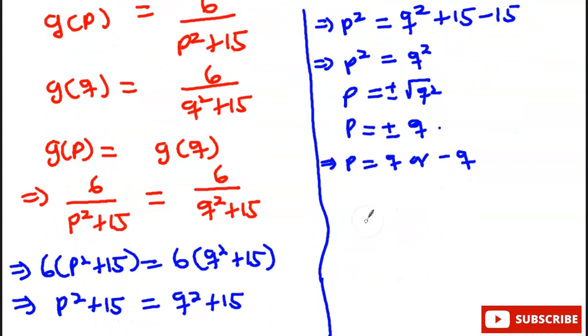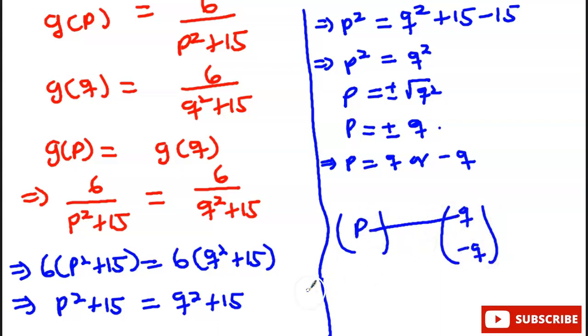So let me draw the diagram. Assuming that this is the domain P, and then you have the codomain Q, then minus Q. So P is mapping to Q, and at the same time P is mapping to minus Q. And according to the definition of a 1 to 1 function, each member here must have one and only one image.